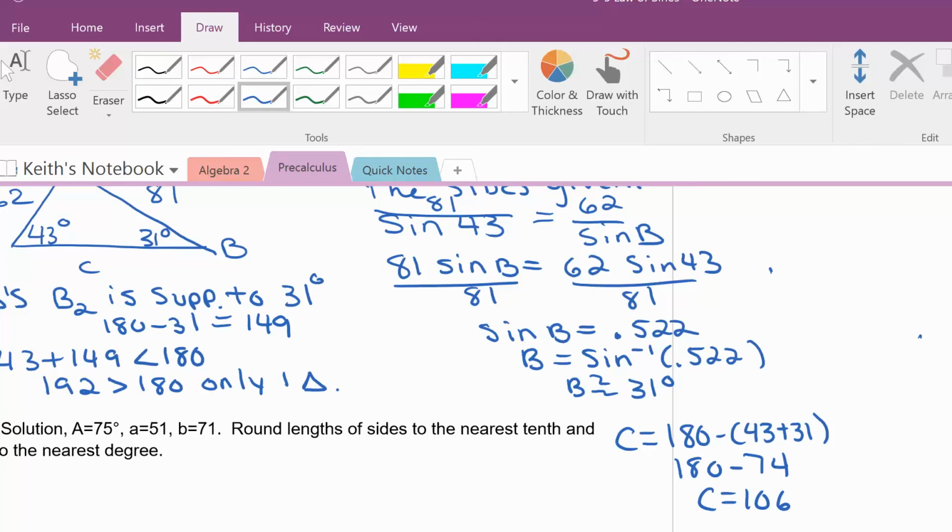And then to find the missing side C, C over sine 106 is equal to 81 over sine 43.